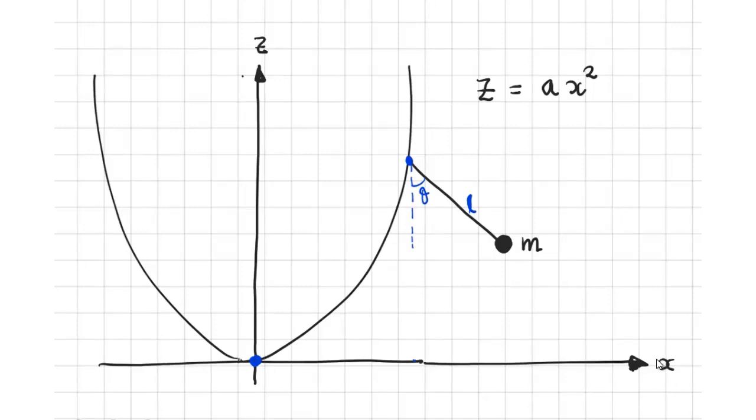In this case it is theta. Okay, so this is the point of suspension, the blue one, P, and the distance between the origin of coordinates and the projection of the point P along the x-axis is x. Alright guys, this distance is x.